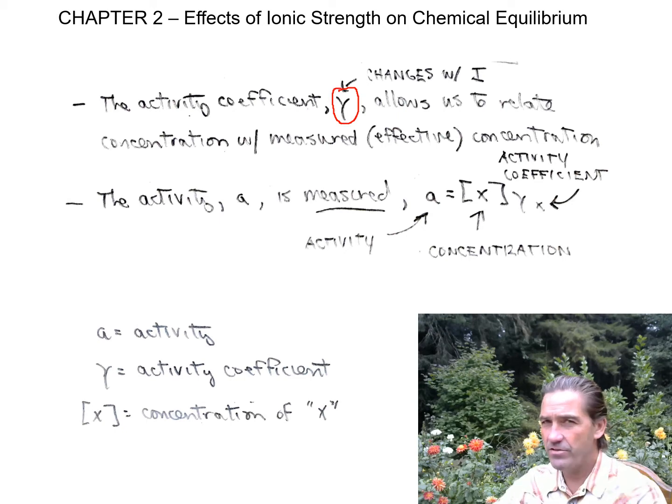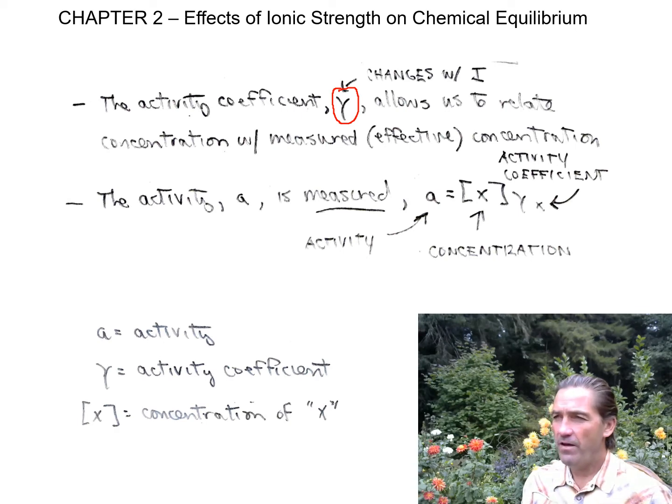So these values are found in tables. Every ion has one of these coefficients, and we can start using these coefficients to show how the ionic strength is going to affect the equilibrium.